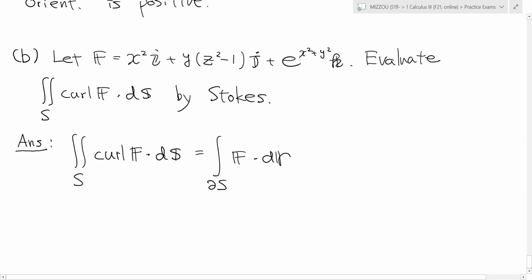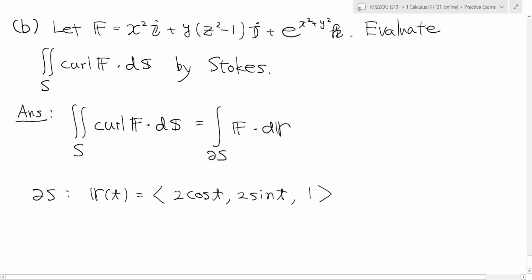But to compute the line integral, you have to parameterize it, and we know how to parameterize it. So the boundary of S is parameterized by, let me just copy it from the previous part, 2 cosine t, 2 sine t, and it's floating in the air at z equal to 1.